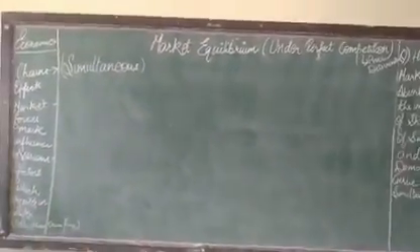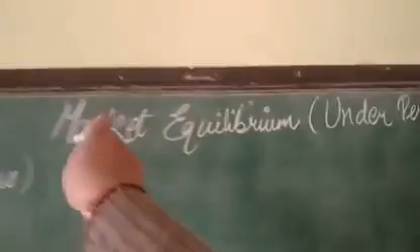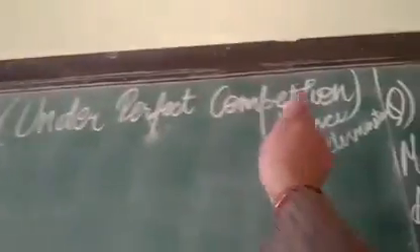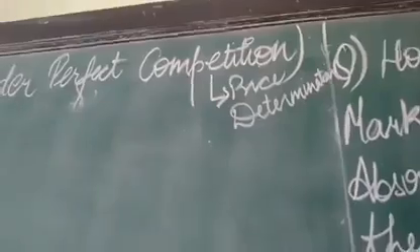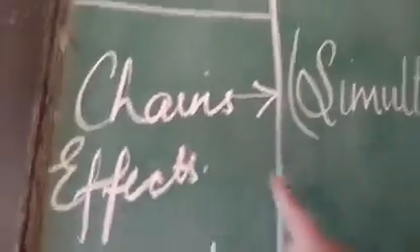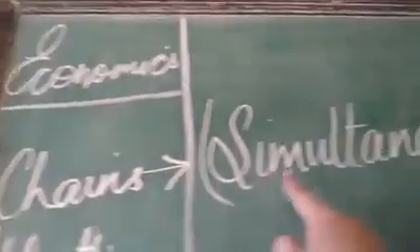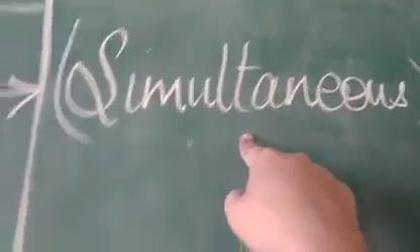Welcome to the new phase where we will discuss market equilibrium under perfect competition. Price determination is the main objective. And here we were discussing chain effects earlier. Now I have written one word, simultaneously. This is also a chain effect.